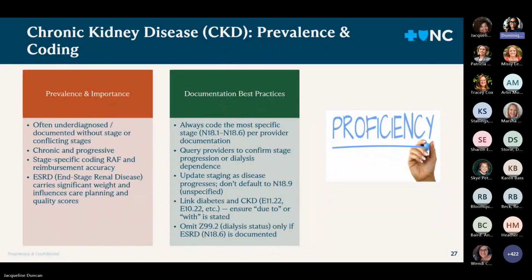When present, dialysis dependence should also be captured with Z99.2. Avoid defaulting to unspecified CKD codes like N18.9 unless absolutely necessary, as this may misrepresent severity.